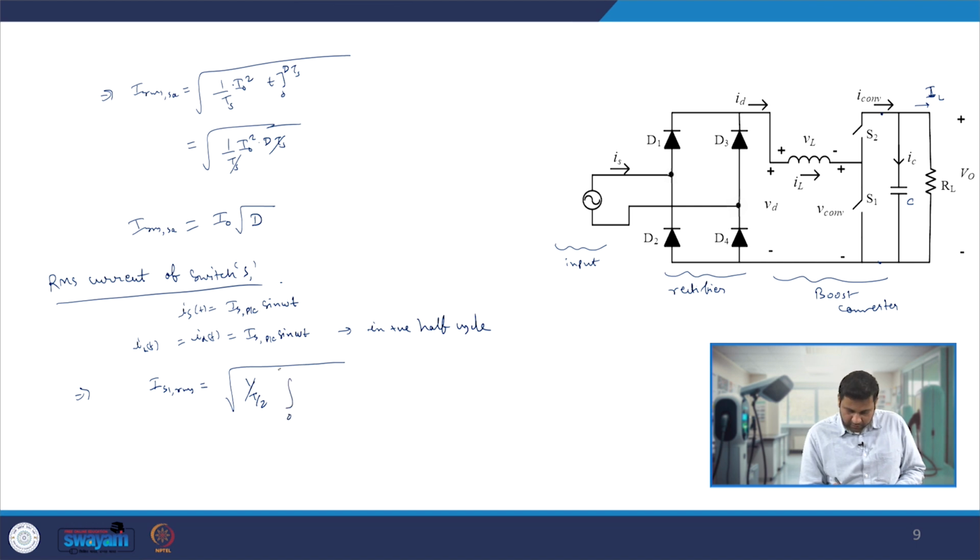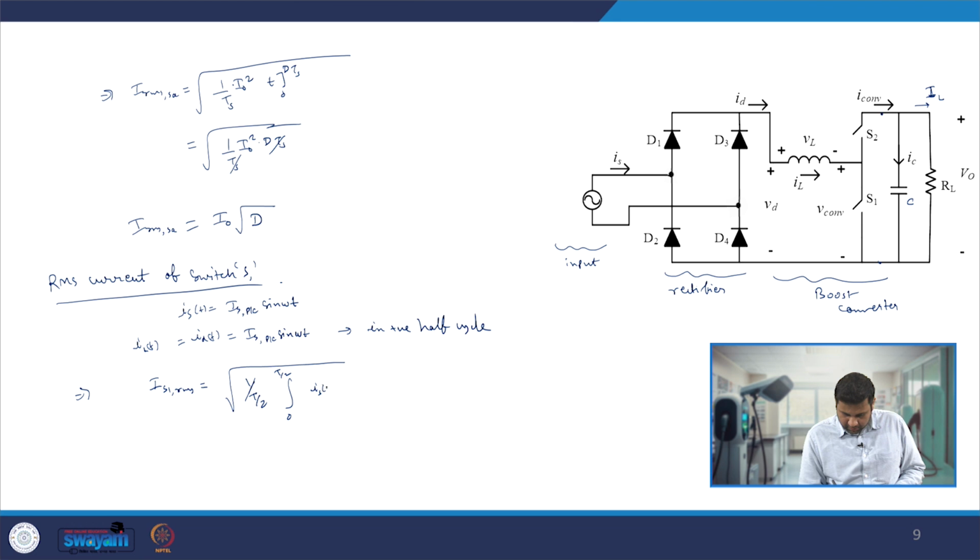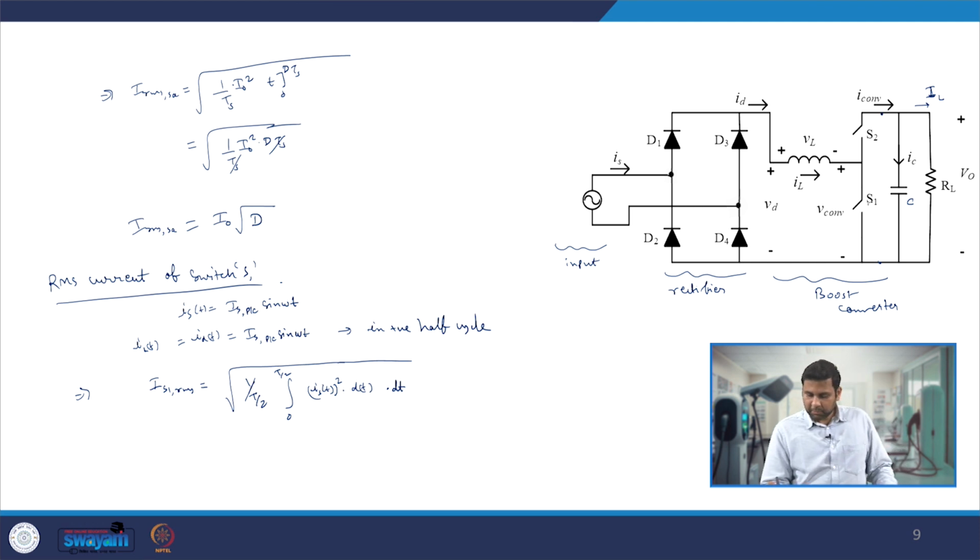We can write this as going from 0 to T by 2, Is of t square times d of t dt. Now what is d of t? We already know that during d of t Ts period only my S1 is on.